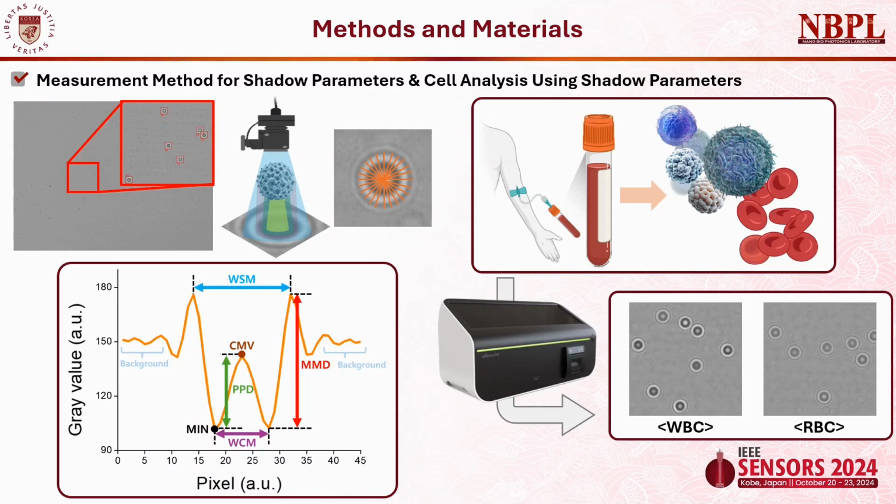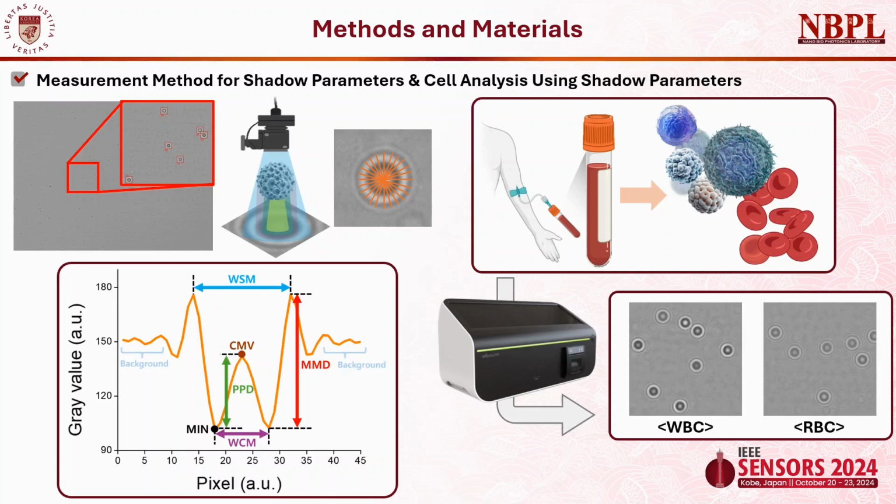Based on the characteristics of this graph, we designed various shadow parameters. For example, PPD is related to the size of the cell, and MMD is related to the external complexity of the cell. And WSM-SD, or WSM-STD, is the same word. Anyway, WSM-SD is related to the internal complexity of the cells.